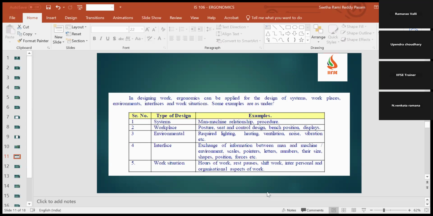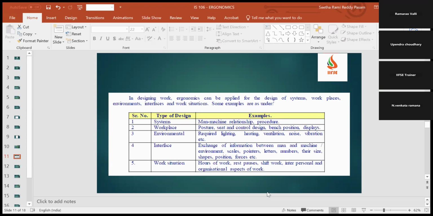With respect to the environment, at what type of environment they are interacting, the scales, pointers, letters and numbers, and their size. In some kinds of atmospheres or environments, we can't refer to those readings.